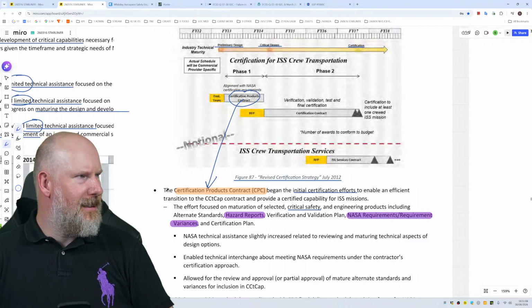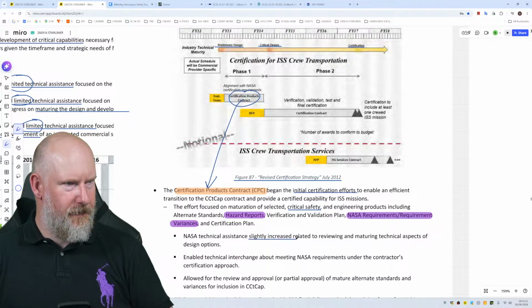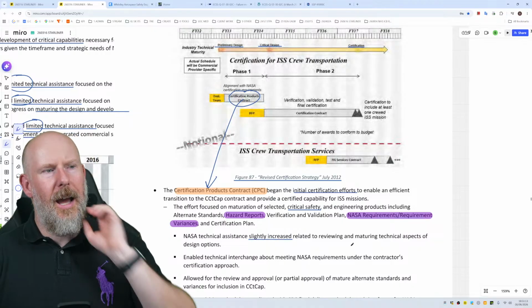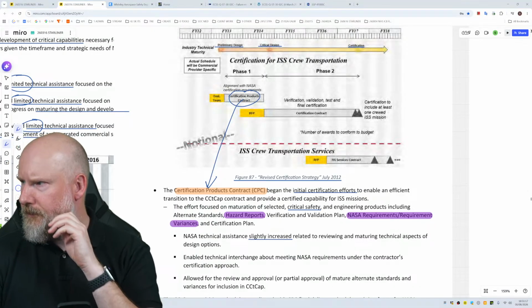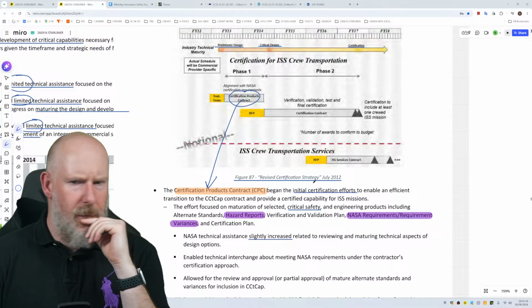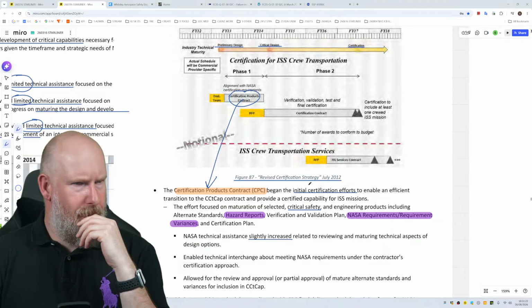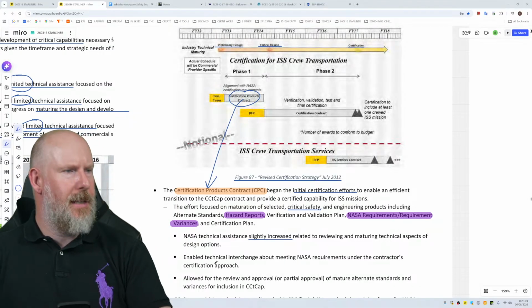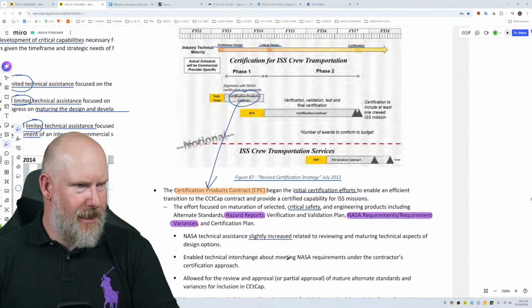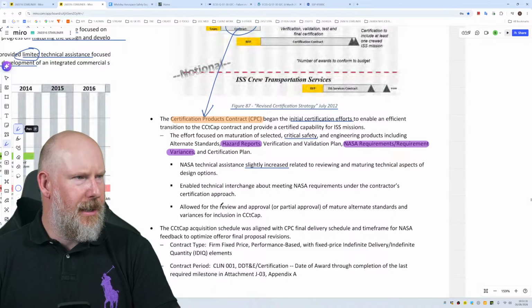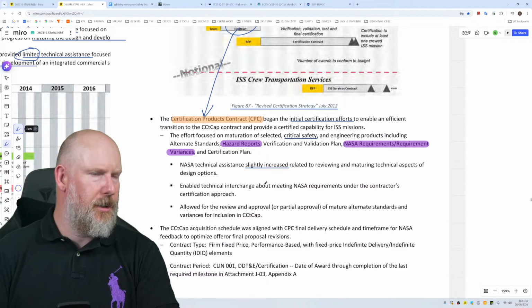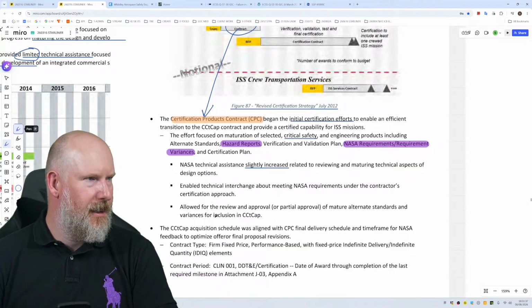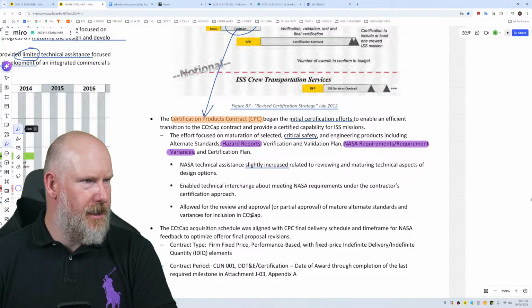NASA technical assistance slightly increased, related to reviewing and maturing technical aspects of design options, enabled technical interchange about meeting NASA requirements under contractors' certification approach, allowed for review and approval or partial approval of mature alternative standards and variances for inclusion in CCT CAP.